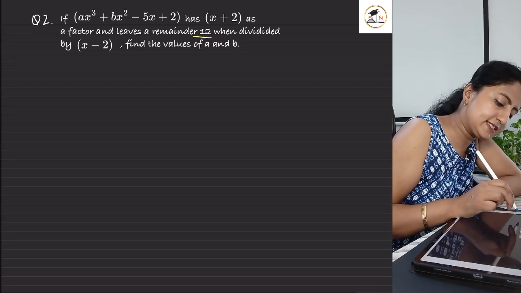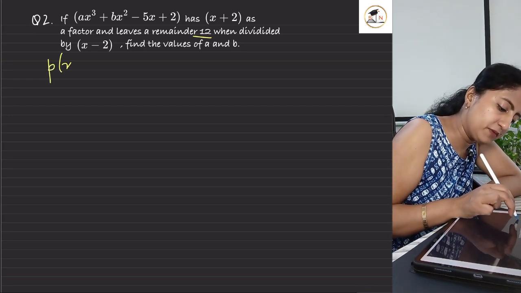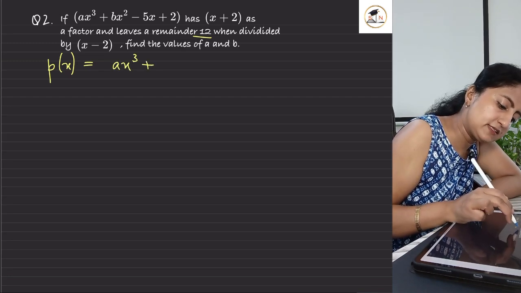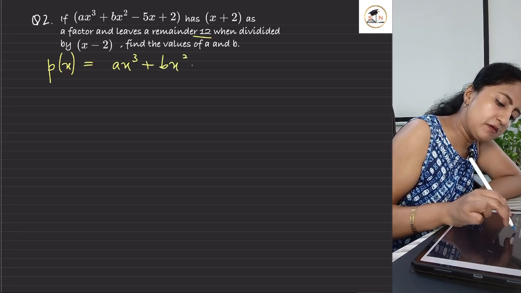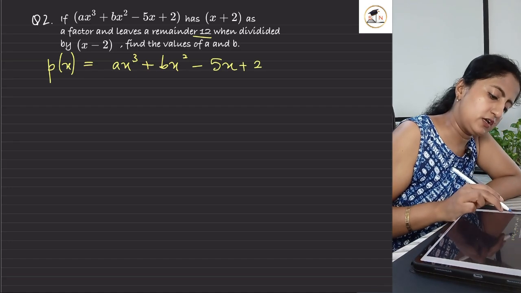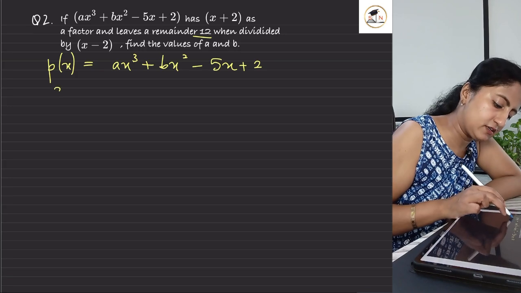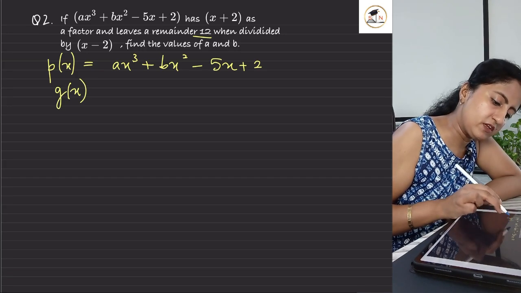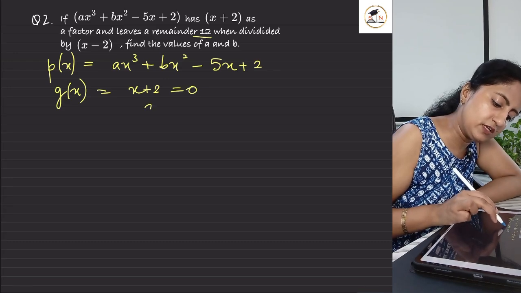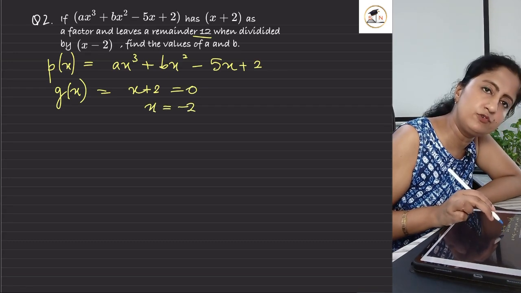So now let's start by naming the first polynomial ax cubed plus bx squared minus 5x plus 2. Okay, so now what we have, the first factor, I'll name that as gx, which is x plus 2. Equating it with 0 gives me x equals to negative 2.